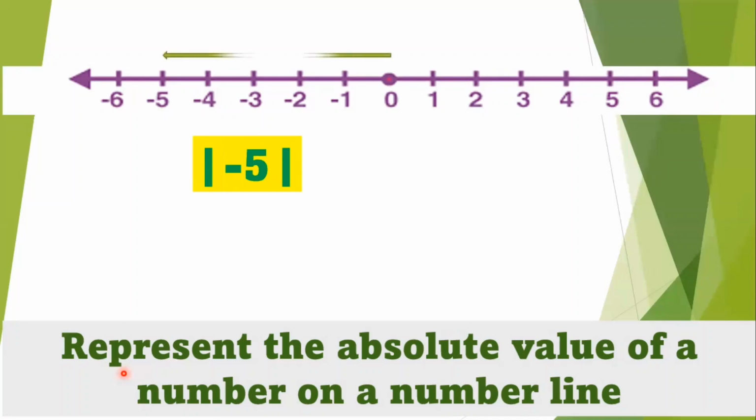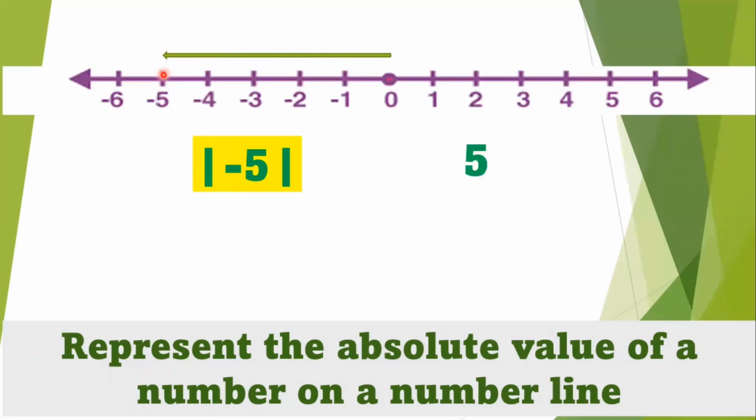Okay. So, ipapakita lang natin ang layo ng negative 5 from 0. So, this is how we represent our absolute value of negative 5. Then, let us count the units. Gaano ba kalayo? So, we have 1, 2, 3, 4, and 5. So, the absolute value of negative 5 is also 5.